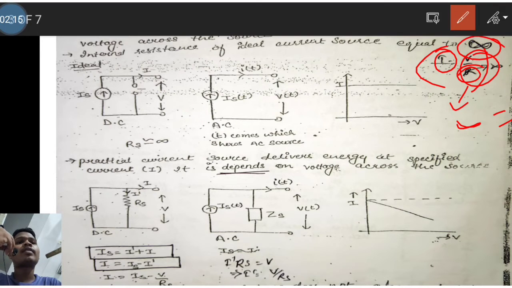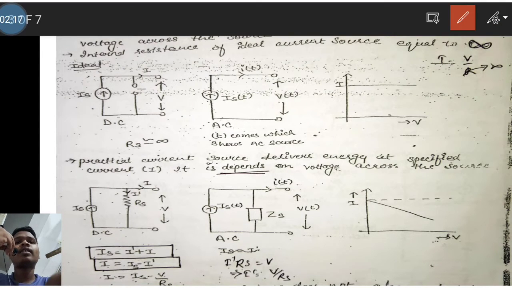See the case here. This is the actual figure and this is the ideal current source. If we take another path here where the resistance is very small, then the current will be divided between this part and this part also, so the actual current will not flow in this part. So it is not the ideal case.